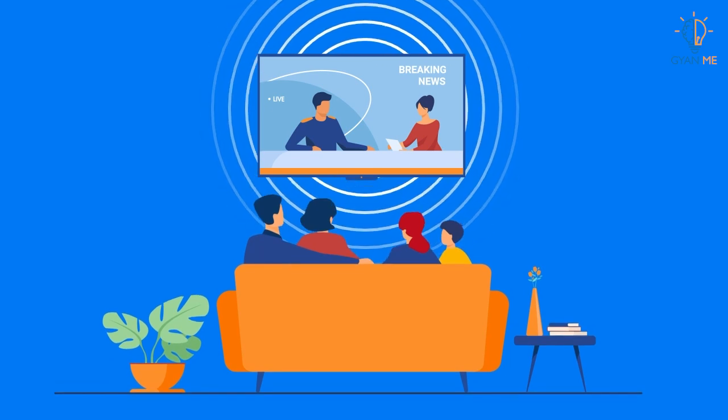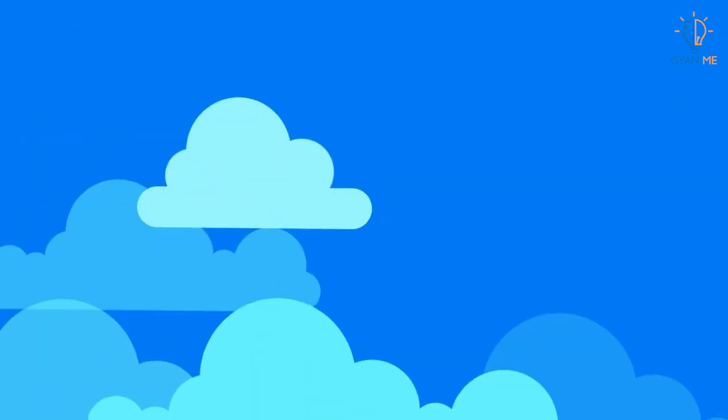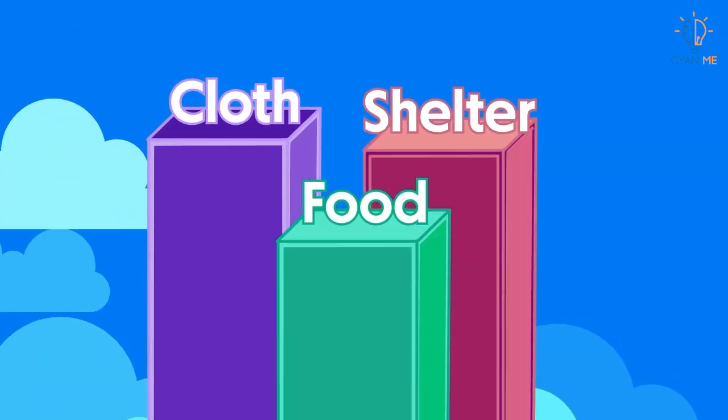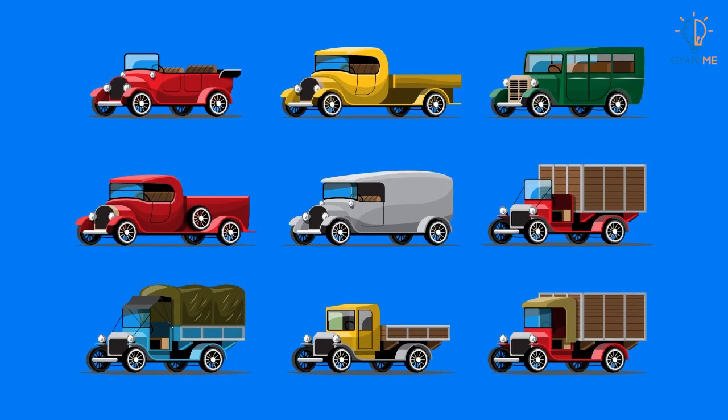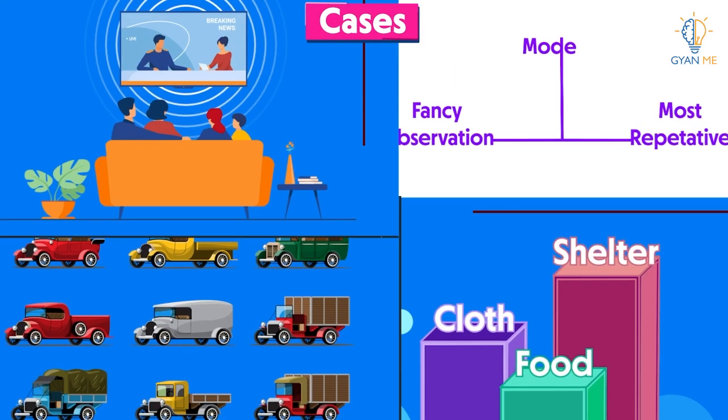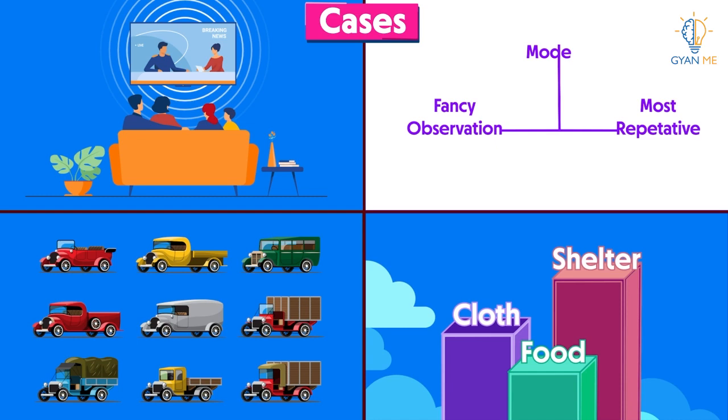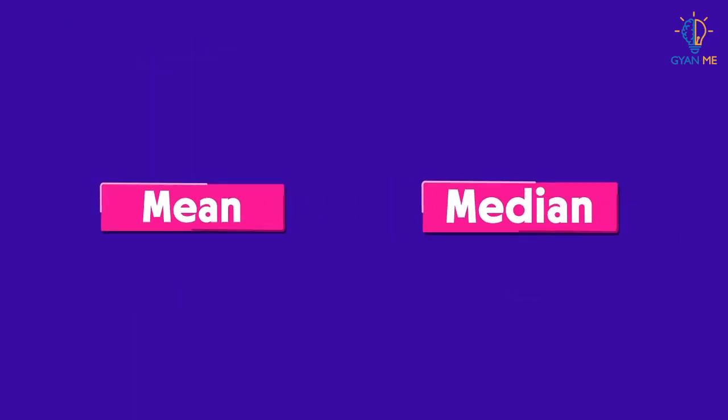For example, to find most popular TV program being watched, the consumer item in the greatest demand, the color of the vehicle used by most of the people, etc. In such cases, mode is the best choice, since we don't have numerical values to calculate mean and median.